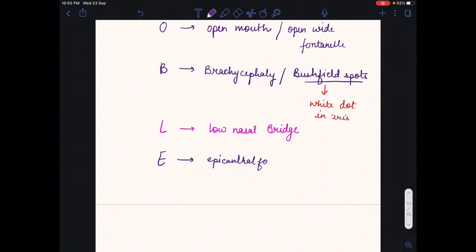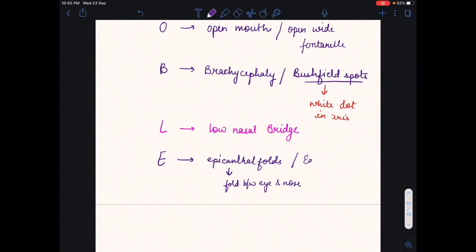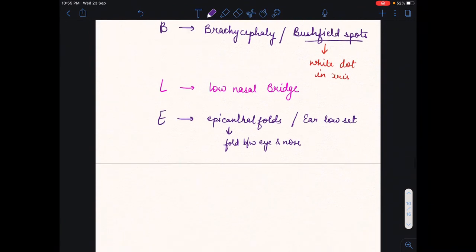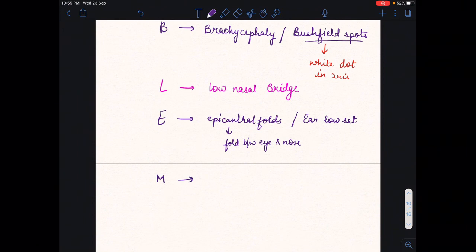Epicanthal fold means there is a fold between the eye and nose. And E for ear low set, or low set ears. And last, M for Mongolian slant.